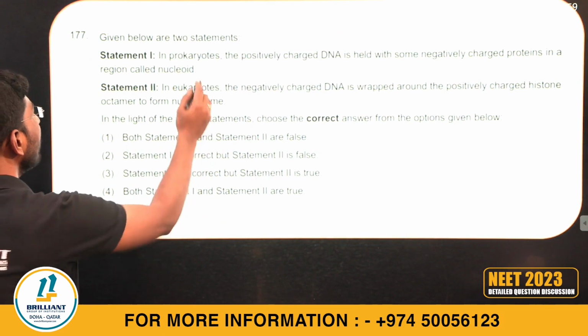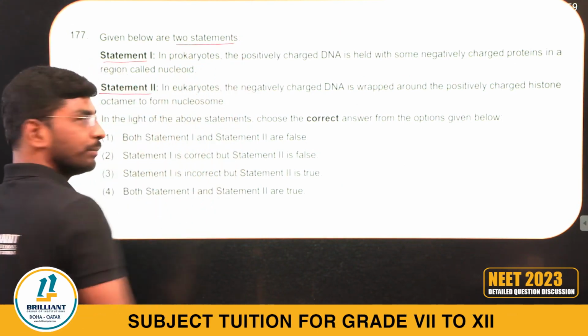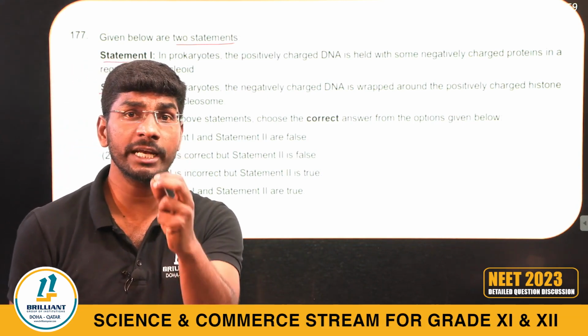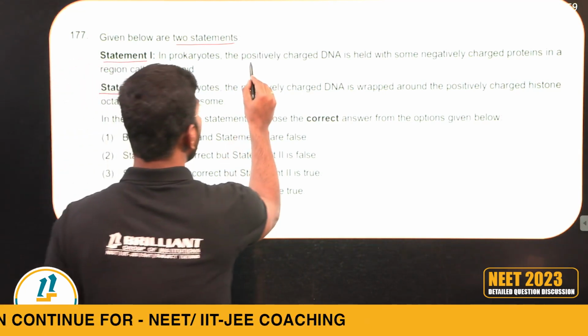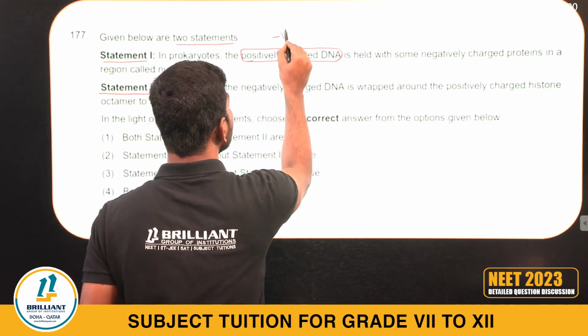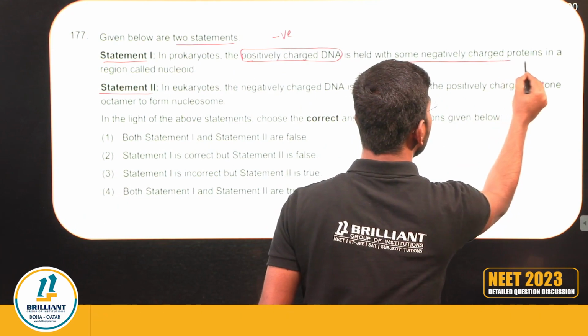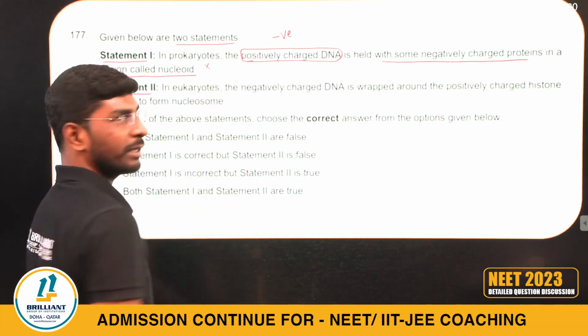177. Given below are two statements, statement 1 and statement 2. Students, I told you many times, this year statement-based questions and assertion-reason questions are there. In prokaryotes, positively charged DNA is held with some negatively charged proteins in a region called the nucleoid. Wrong statement.